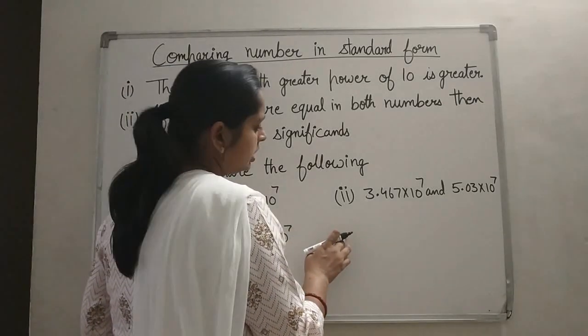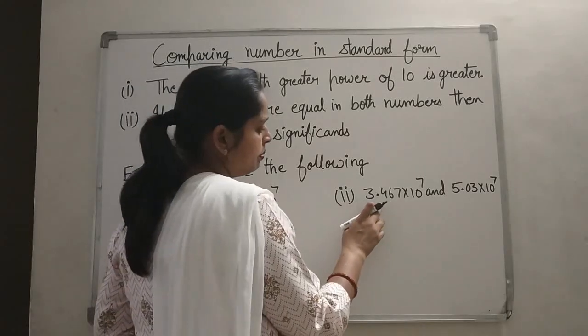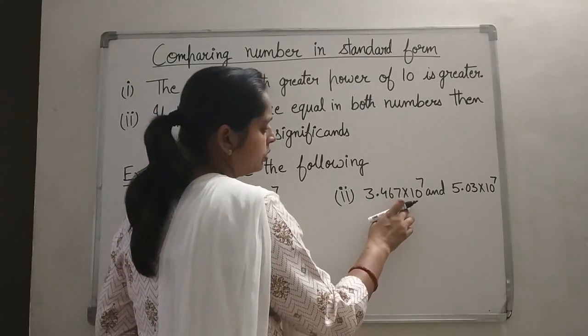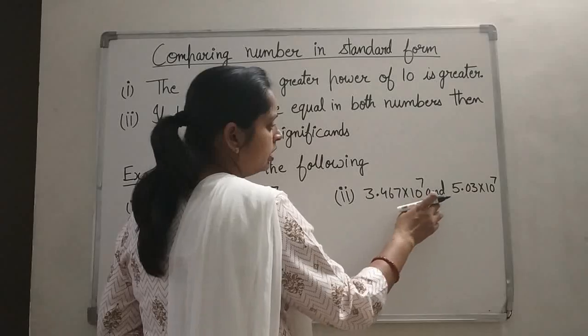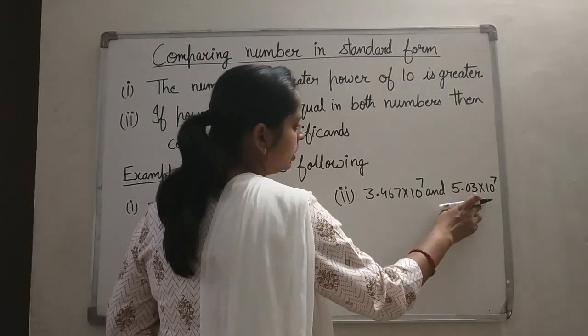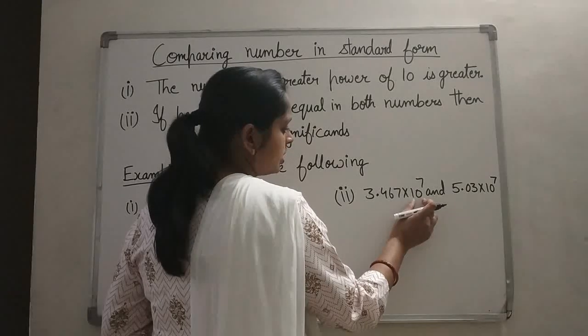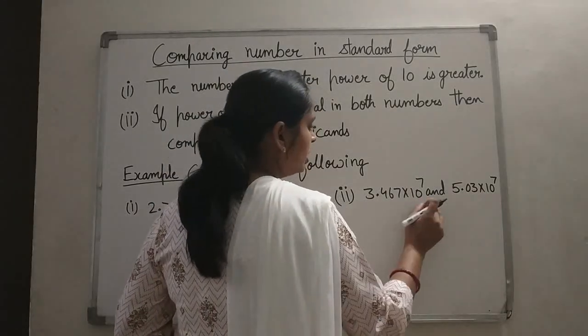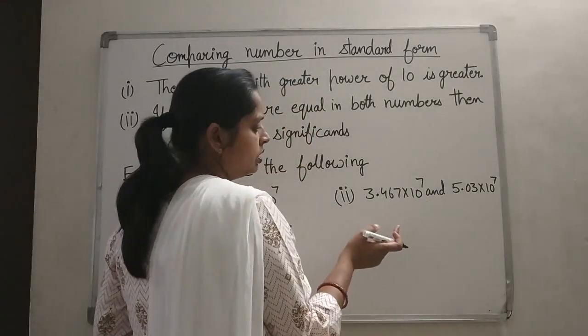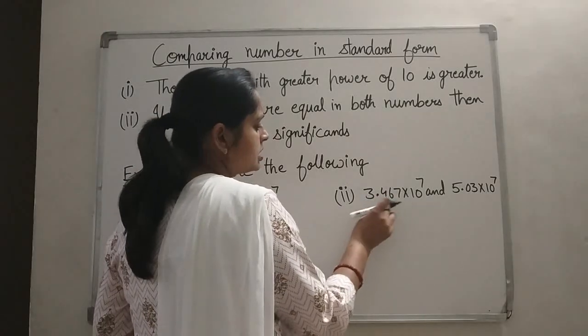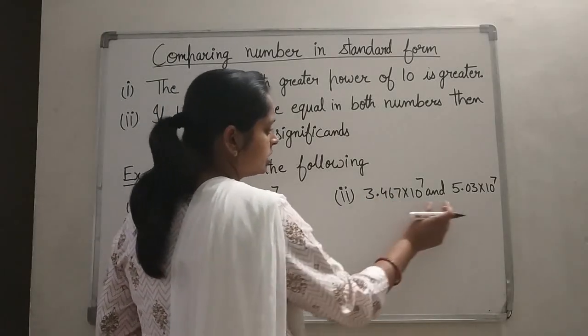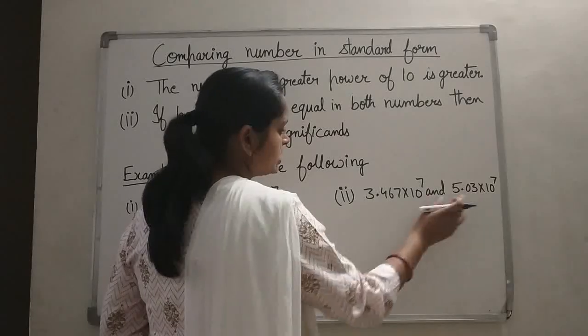And in the second case, what do we have? 3.467 into 10 to the power 7 and 5.03 into 10 to the power 7. So 10 to the power 7, 10 to the power 7, both have the same power of 10. So we have to compare the significands, the decimal numbers we have.